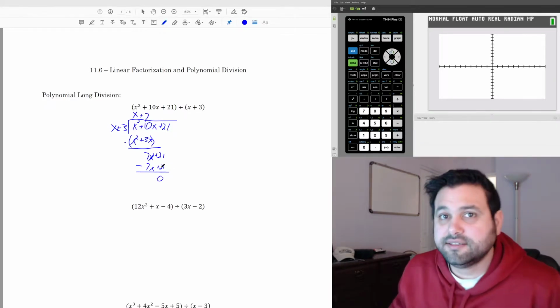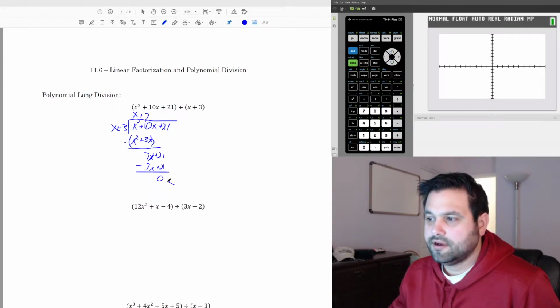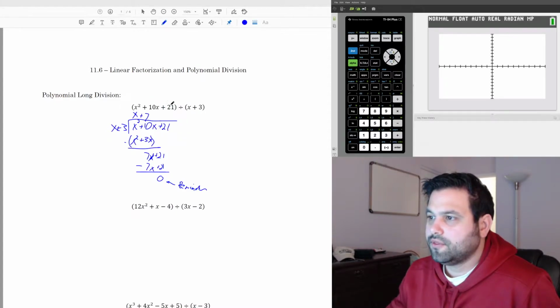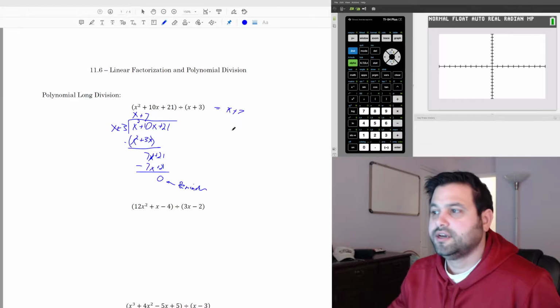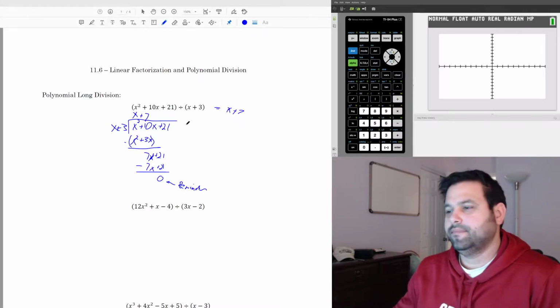So this one divides evenly. And so we have a remainder of 0. Okay, so it's going to be important to remember that that last part is the remainder. So this is equal to x plus 7. Right, so if you take this and divide it by x plus 3, we get x plus 7. That's our answer to the division problem.